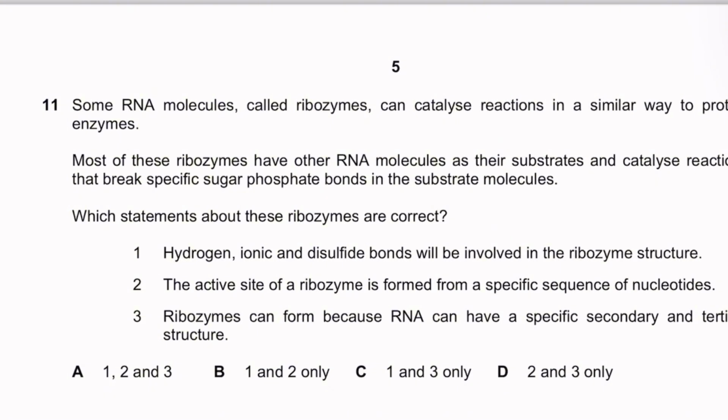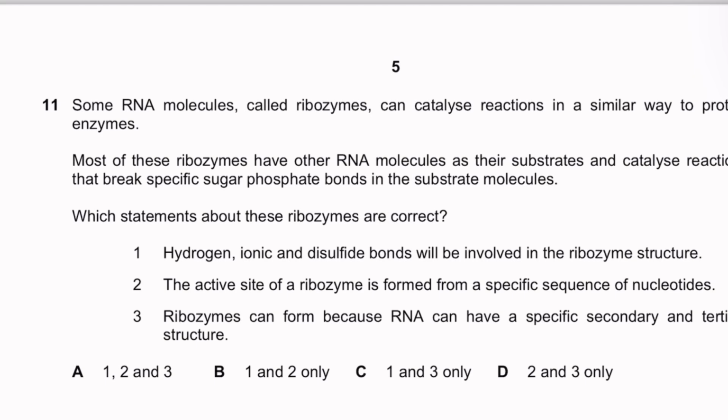Well, what we know about ribozymes is that they are made of RNA, and RNA is made of nucleotides. So nucleotides can form, yes, hydrogen bonding between one another. Maybe they could form ionic bonds. Could they form disulfide interactions is the question.